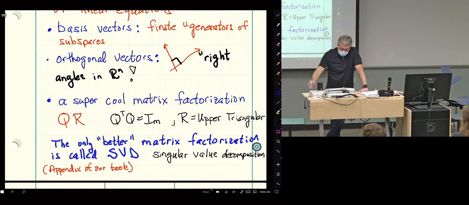And that's going to lead us to maybe the world's second most favorite matrix factorization of all, which is called the QR factorization. We started with maybe the world's third most favorite matrix factorization, the LU factorization, and we started with that because it's the most approachable of the favorite and useful and highly powerful matrix factorizations.